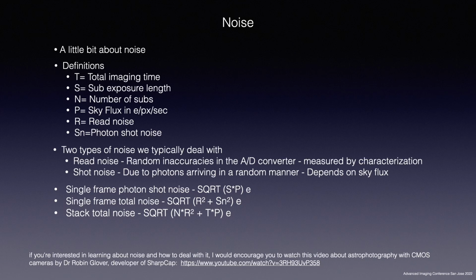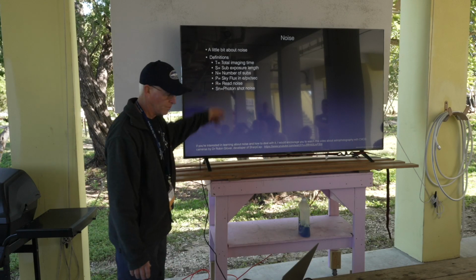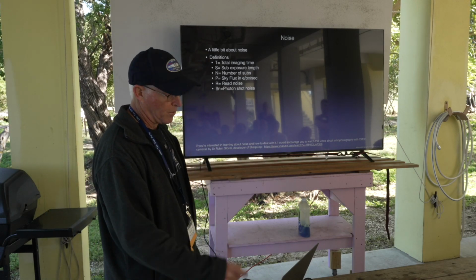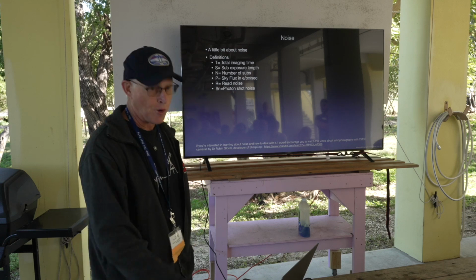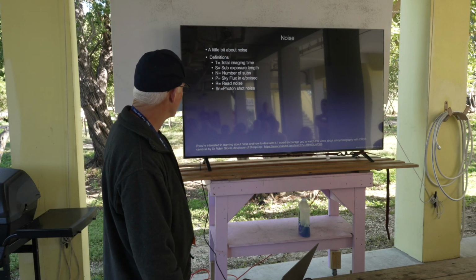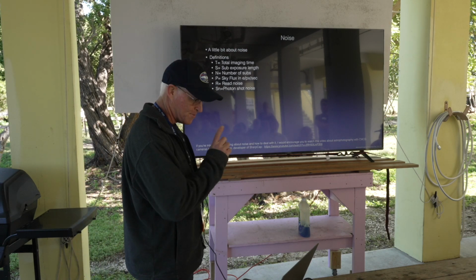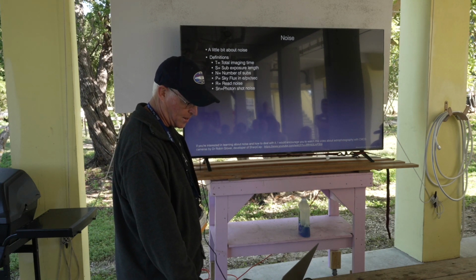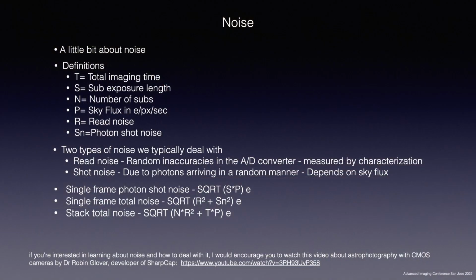P is going to be the sky flux, how bright the sky is. R for read noise, and then this photon shot noise is going to be SN. So you don't have to remember those, but remember, this was done to a very technical crowd out in California a few years ago, so they wanted to make sure they knew what each one of these little parts of this equation were all about.